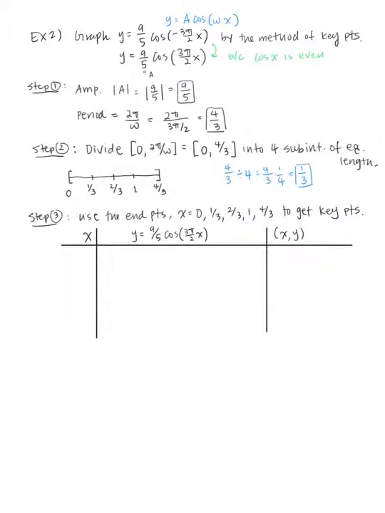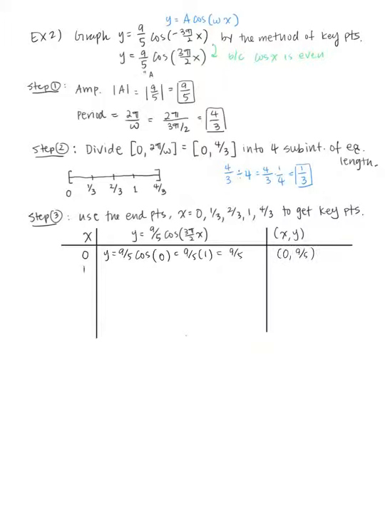When x is 0, y equals 9/5 cosine of 0. Cosine of 0 is 1, so 9/5 times 1 is 9/5. So when x is 0, y is 9/5.